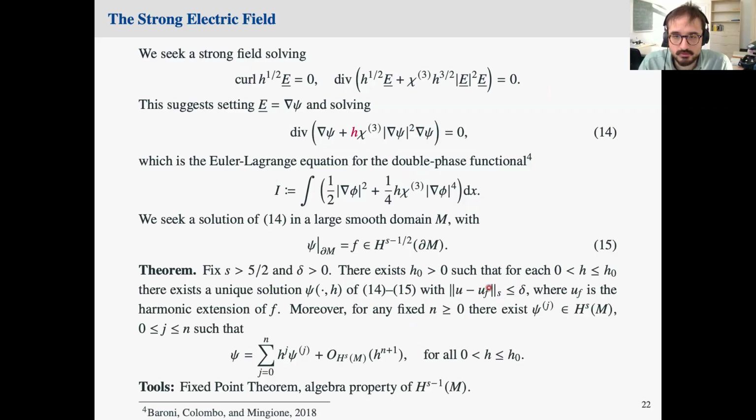With reasonably basic techniques from PDEs, using the fixed point theorem and the fact that the Sobolev space H^(s-1) is an algebra for big enough s, you can show that you can solve equation 14 with certain boundary conditions, and you can write an asymptotic expansion for it.